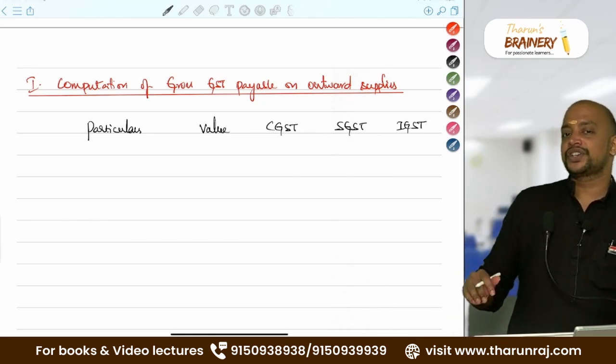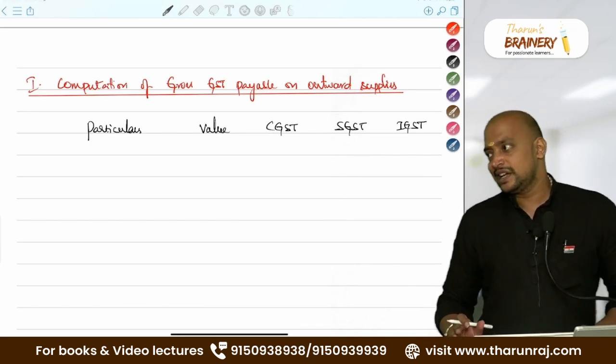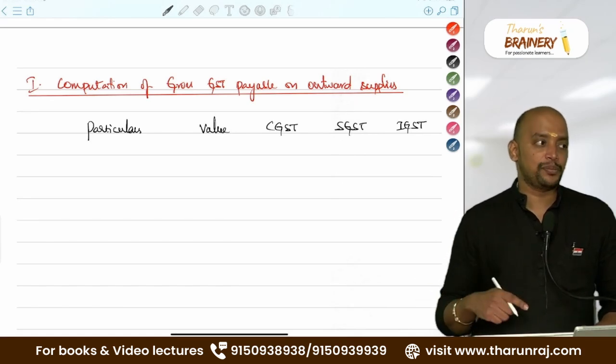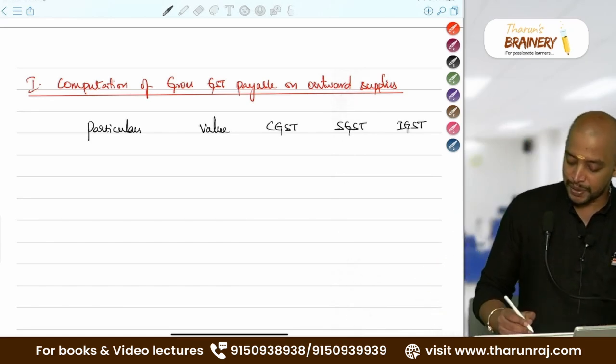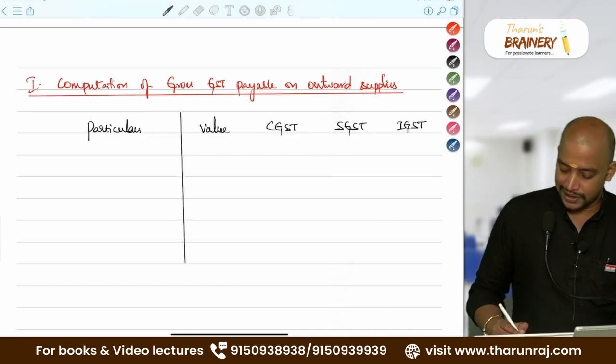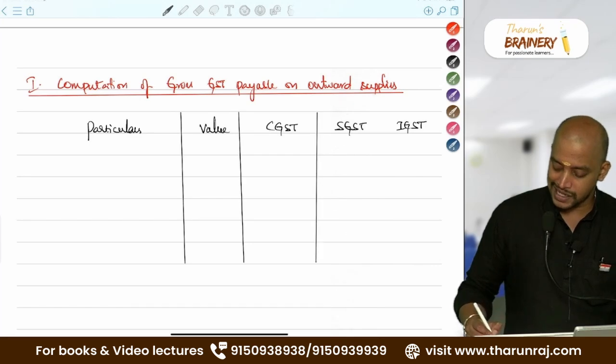Always the first question will involve place of supply also by default, which means that we need to categorize the transaction as intrastate or interstate applying place of supply and put it in the respective places. So, particulars, value, then CGST, SGST, IGST.